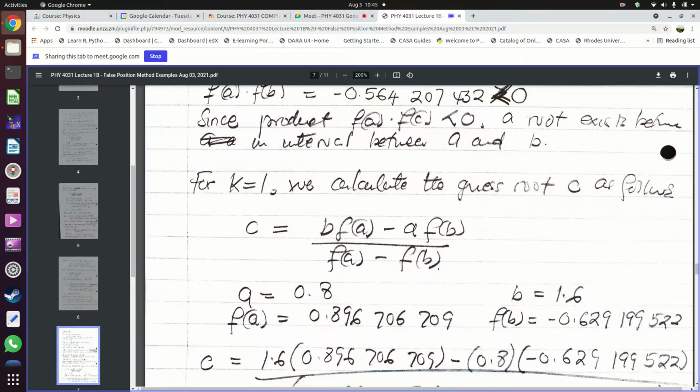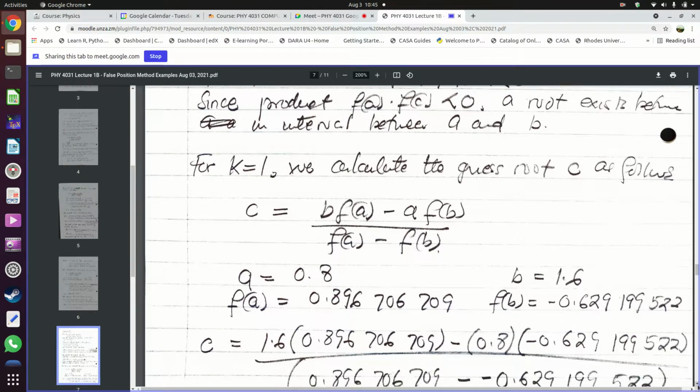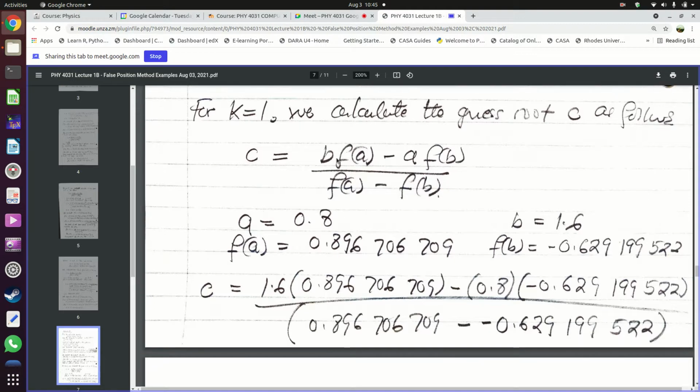When we do our substitutions, b is 1.6, so you put 1.6 here. Our f of a is what you have here, we put it there. Our a is 0.8, you put your 0.8 here. Your f of b is what you have here, you put it there. Then at the bottom, divide by f of a, then minus f of b, which is negative there.